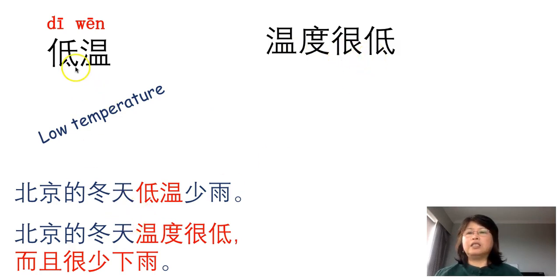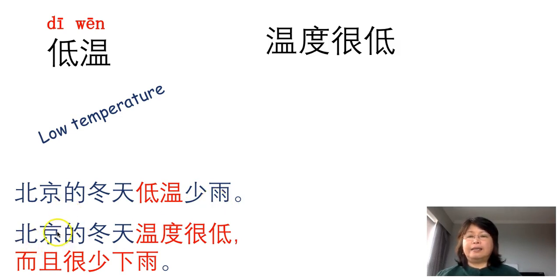Again, this phrase always goes with other 2-character words to come up with 4 together. So 低温少雨 low temperature and hardly any rain. 北京的冬天低温少雨. So this is what the weather is like in Beijing. So 北京的冬天 the winter in 北京 低温少雨 low temperature and hardly any rain.